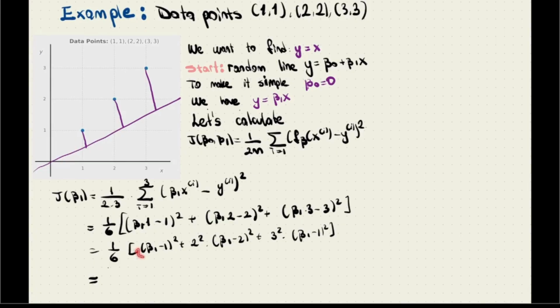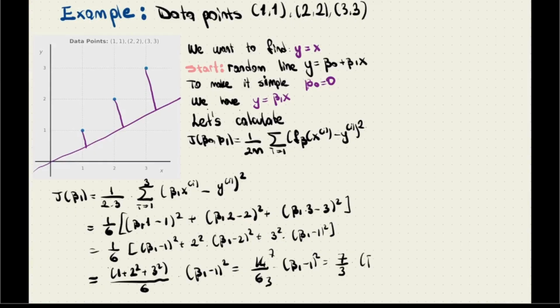We have beta 1 minus 1 squared as a common factor. So we get 1 plus 2 squared plus 3 squared divided by 6 times beta 1 minus 1 squared, and it is 14 divided by 6 times beta 1 minus 1 squared, and 2 is a common factor here, so our cost function is 7 over 3 times beta 1 minus 1 squared.